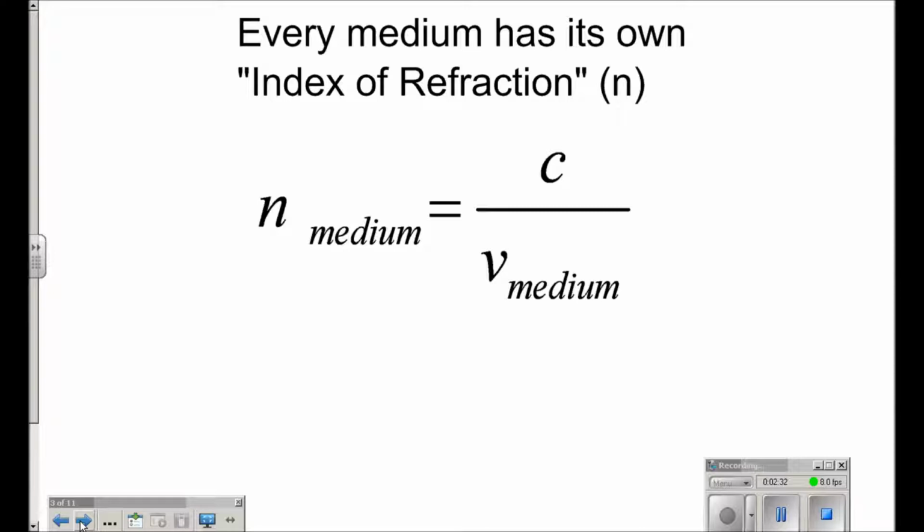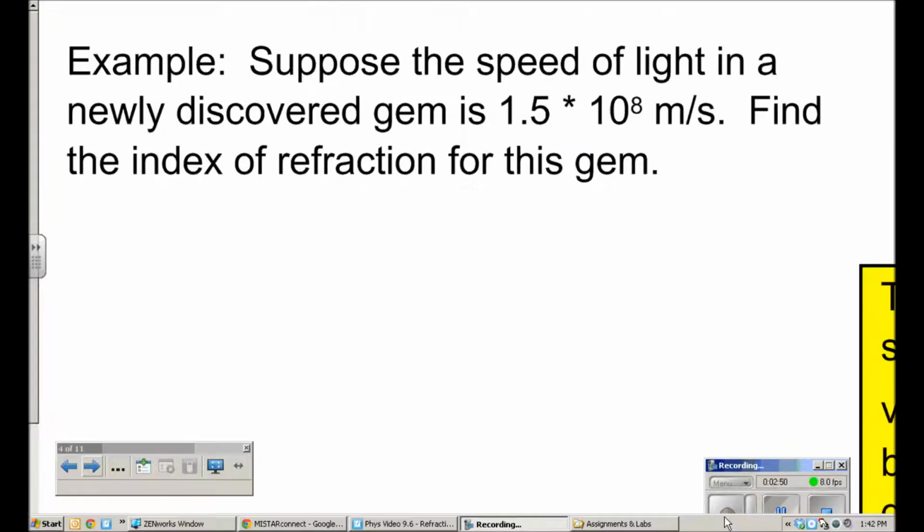Okay, so the speed of light is determined by the medium it travels through. Now, every medium that light can travel through has its own what's called index of refraction. The index of refraction is calculated by taking the speed of light in a vacuum and dividing it by the speed of light in your medium. So, for example, suppose I gave you some sort of new gem, and I told you that the speed of light in that gem was 1.5 × 10⁸ meters a second.